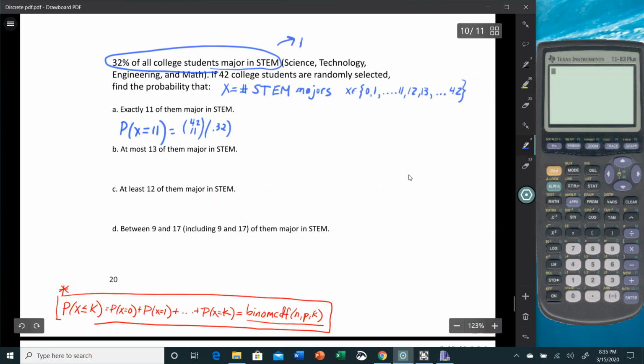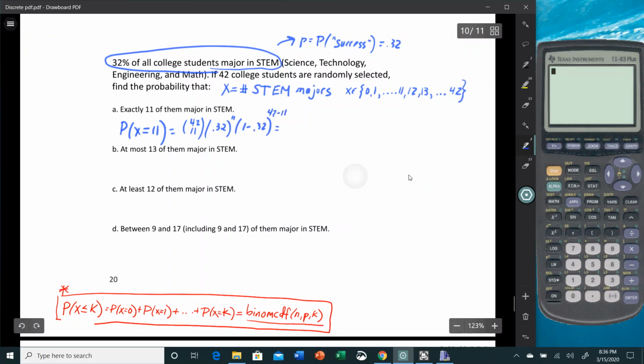So that means p, which is the probability of success, is 0.32. So success occurs 11 times, and failure, which is 1 minus 0.32, occurs 42 minus 11 times.